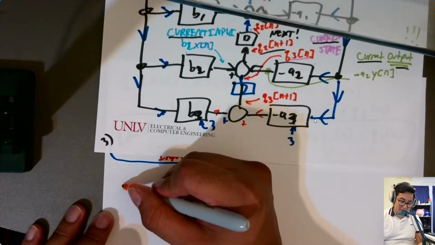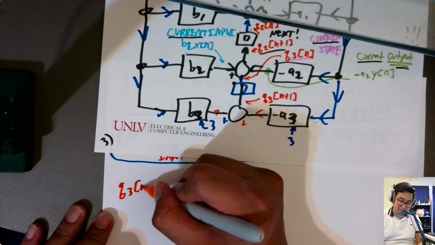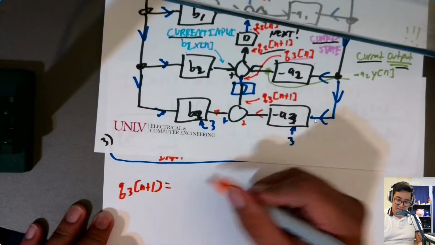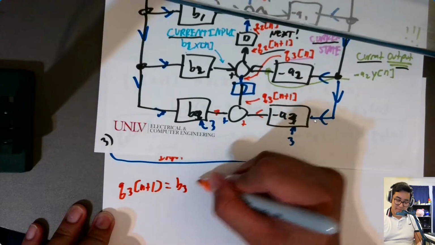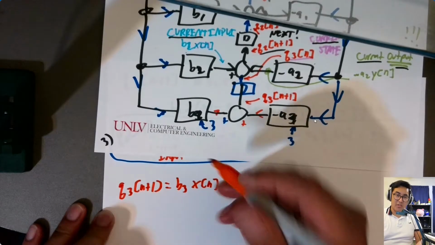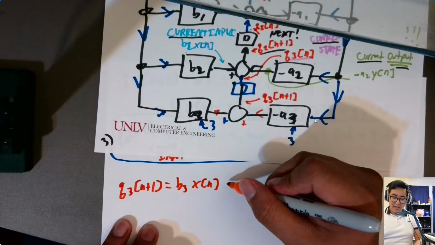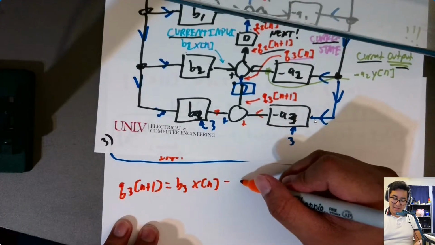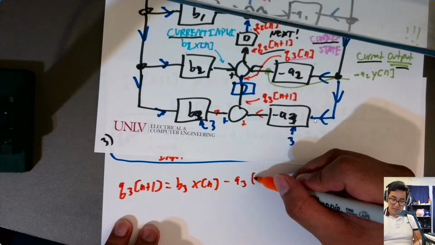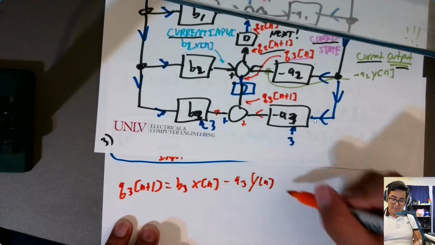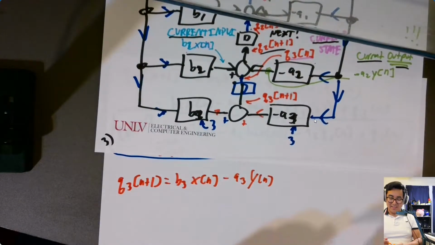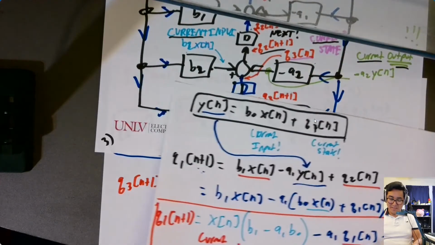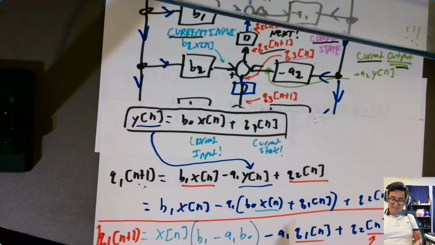So the last equation is q of 3 of n plus 1, which is equal to, let's take it slow, b of 3 x of n, which is a current input, minus a of 3 y of n, and then we have no other states. That's it. And then you start seeing the pattern. If you wanted to, you see the pattern?